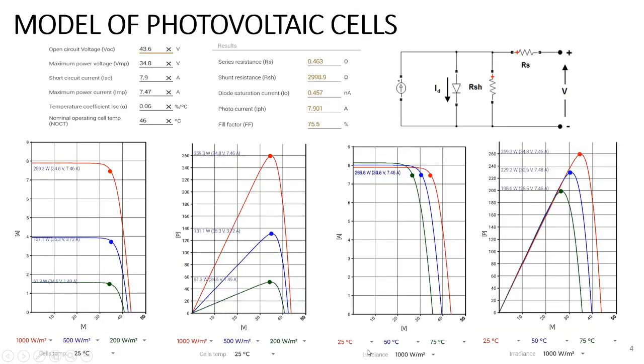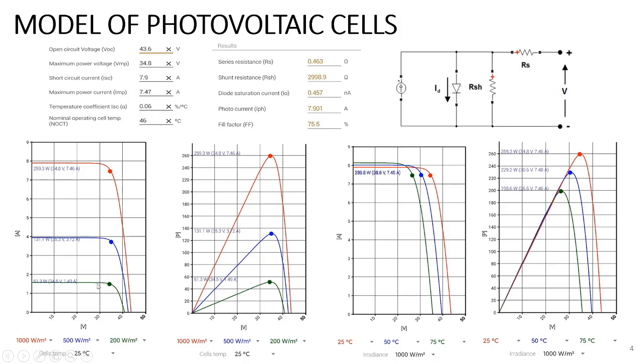When solar incidence varies to different values, for instance, 1000 watt per meter square, 500 watts per meter square, or 200 watts per meter square, we may obtain different IV curves like this, right? 1000, 500, and 200.